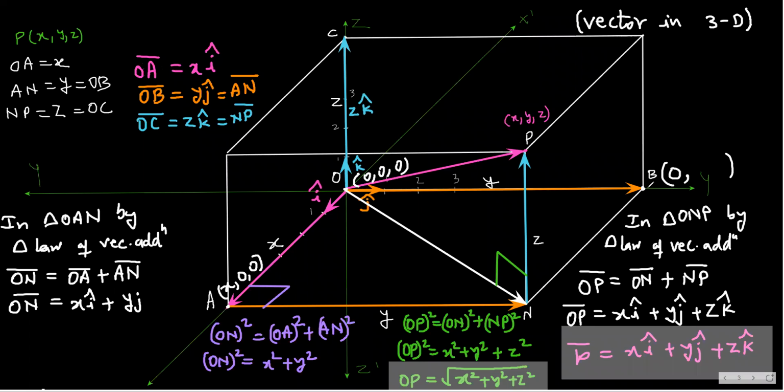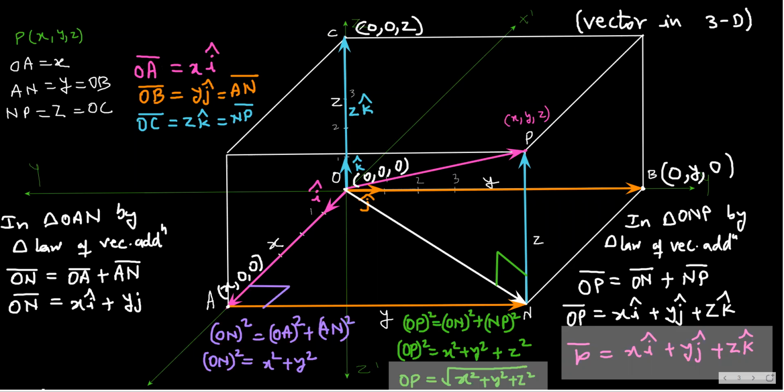It is stationary. It is on y axis. It has x displacement 0, y displacement is y, and z displacement is also 0. It is neither up nor down. Okay, it is on y axis. Now come to point C. The coordinates of point C will be, x coordinate is 0, y coordinate is 0, and z coordinate is z.